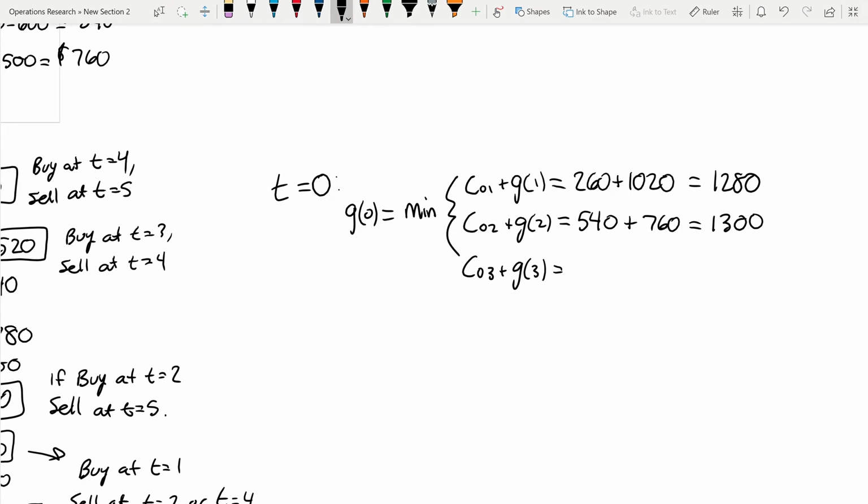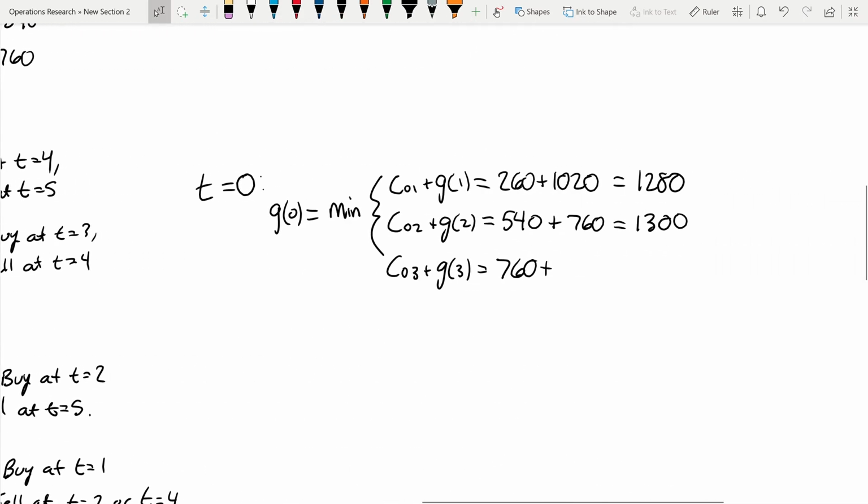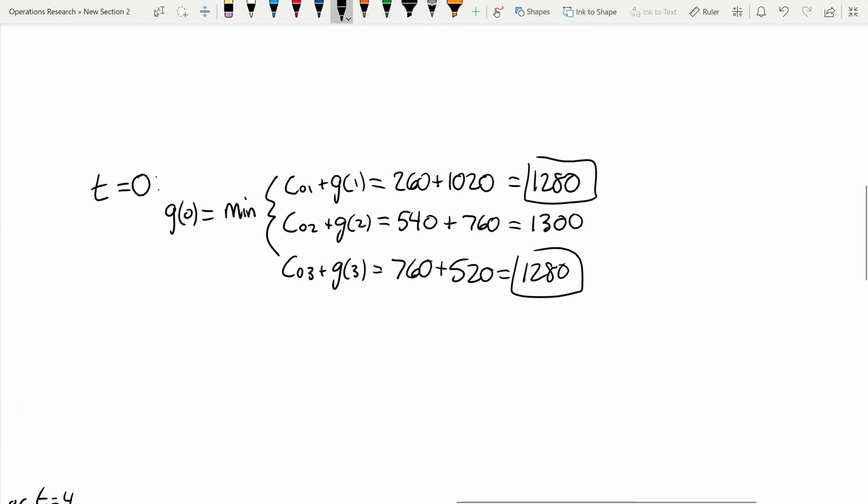So that's just going to be 760 plus G of 3, which here is going to be 520. And that's going to give us 1280 as a cost. So again, we have a tie here for the minimum with 1280. So we can say if we buy at year 0, we can sell at either year 1 or year 3.